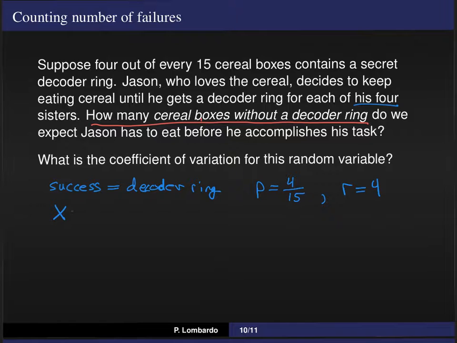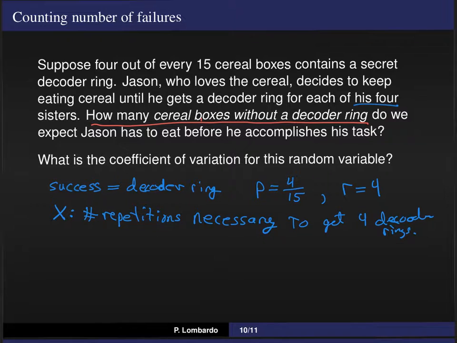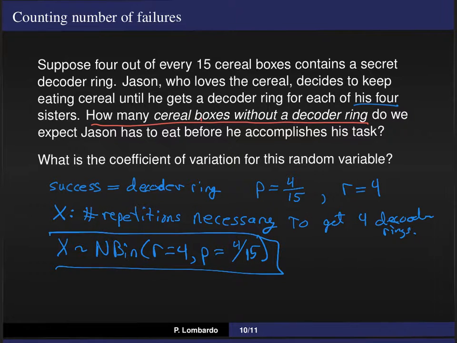Right, so X, which is going to count the number of repetitions necessary to get 4 decoder rings, X is going to be a negative binomial random variable with r equaling 4 and a p-value equaling 4 out of 15. Okay, so we'll keep this in mind.